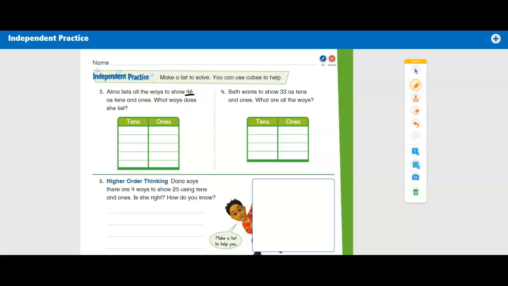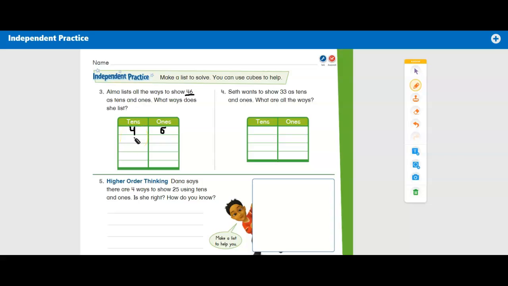Just like we did together in our guided practice, it wants you to show the number 5 different ways. Begin with writing the number 46 in your list. The number 46 has 4 tens and 6 ones.